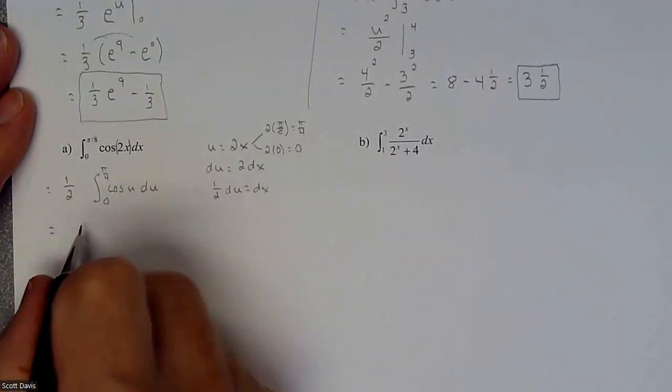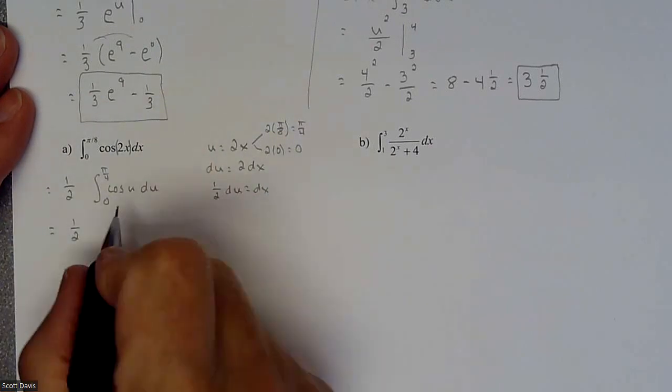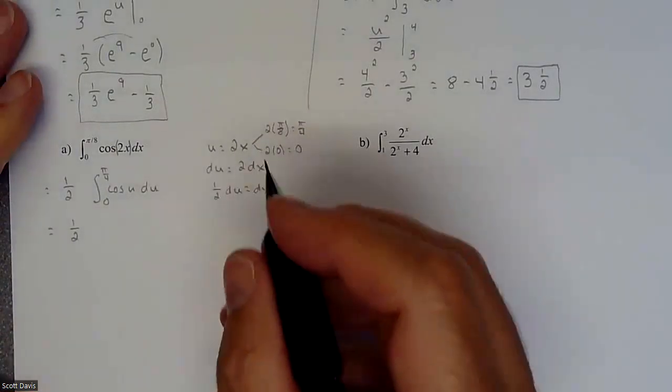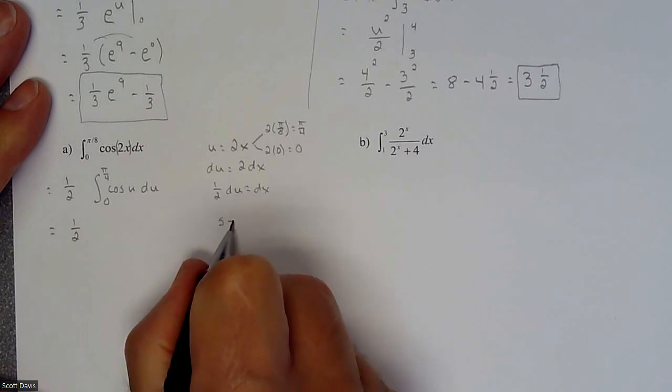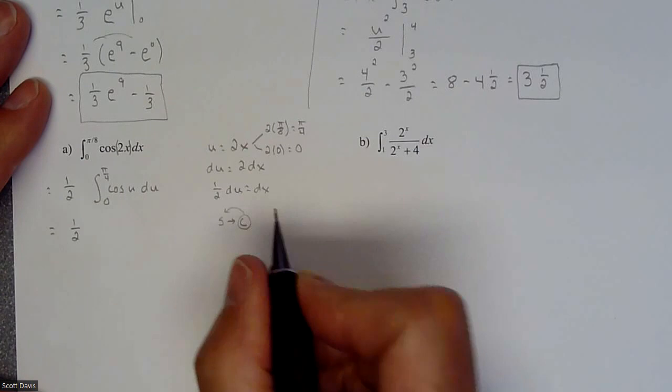All right, so we have a 1/2, and we have an antiderivative of cosine. I don't really know, so let me kind of go through the path here. I know that the derivative of sine becomes cosine, perfect, and we're going backwards.